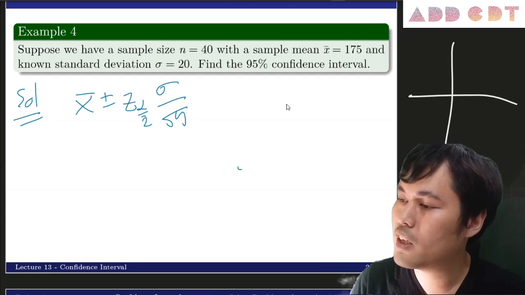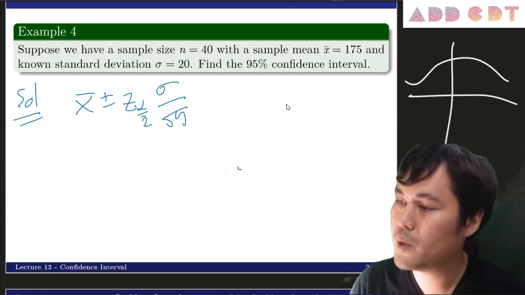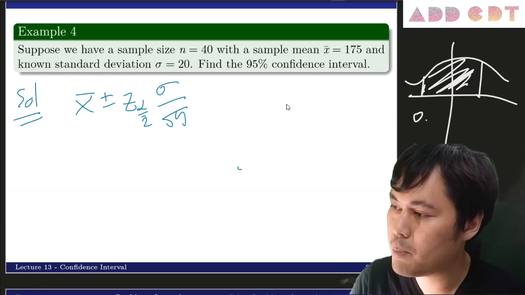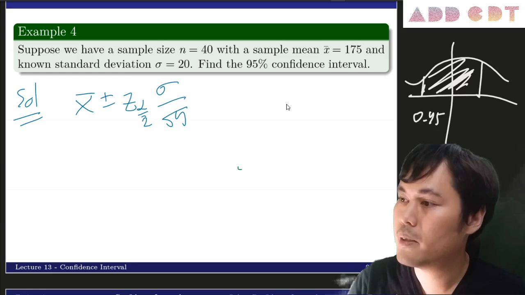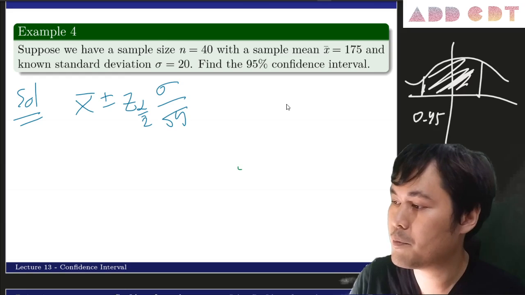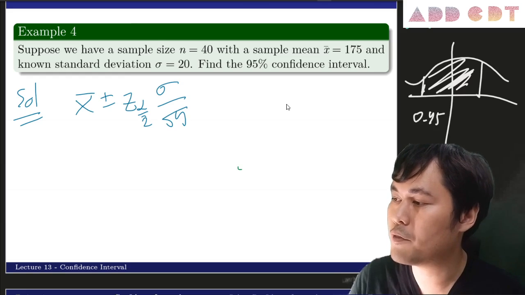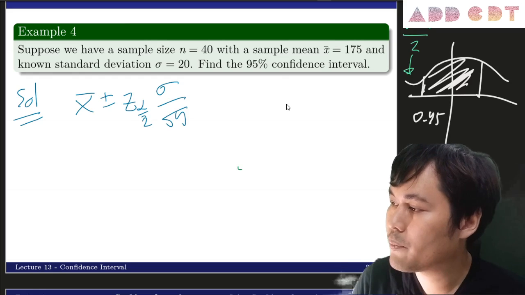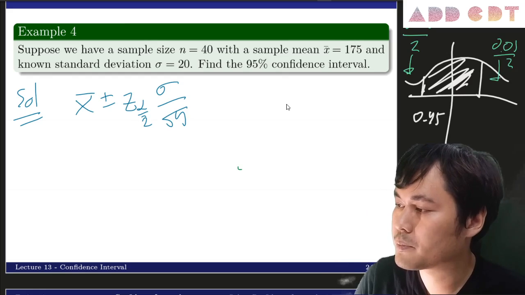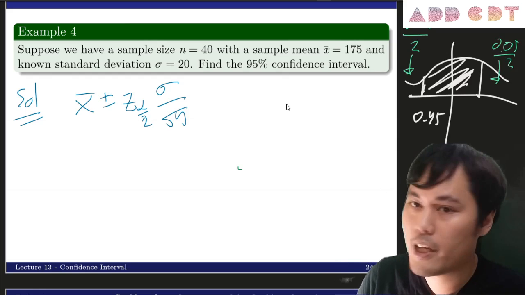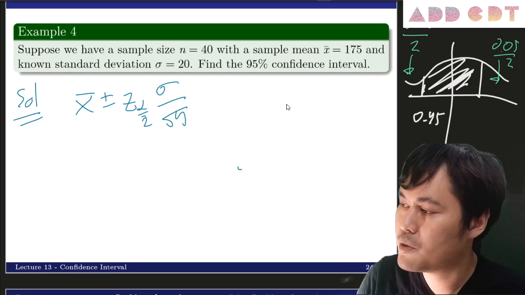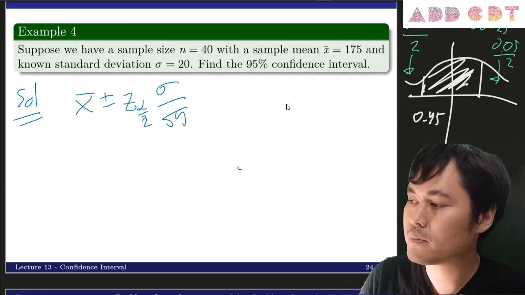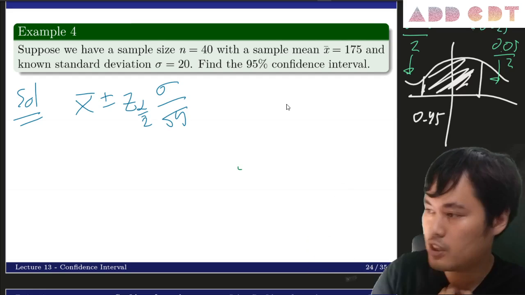If we think about the curve, we want the area in the middle to be 0.95. That means we have 0.05 left for both sides, so we put half here and another half here. And 0.05 divided by 2 is 0.025.